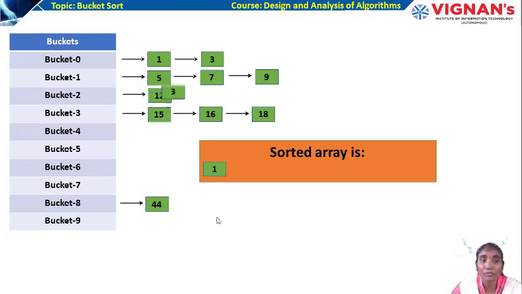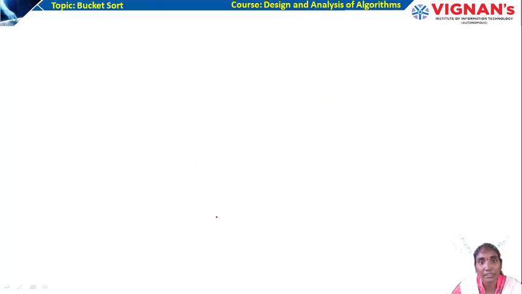Bucket 9 is empty, there is no requirement of insertion sort. Finally, the sorted array we have to write in the order 1, 3, 5, 7, 9, 12, 15, 16, 18 and then 44.